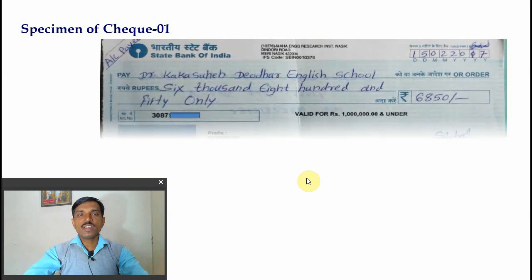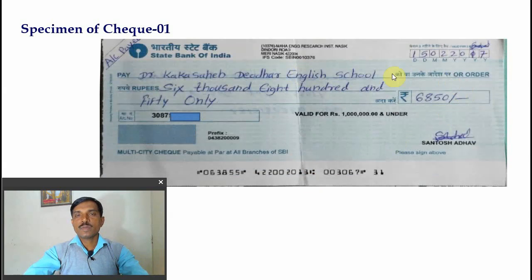And about the check, here we look at one specimen copy of the check. There are three parties: the drawer, Mr. Santosh, and the drawee bank. The check is always drawn on the bank, so State Bank of India is the drawee, and the payee's name is written here: Dr. Kakasaheb English School is the payee.